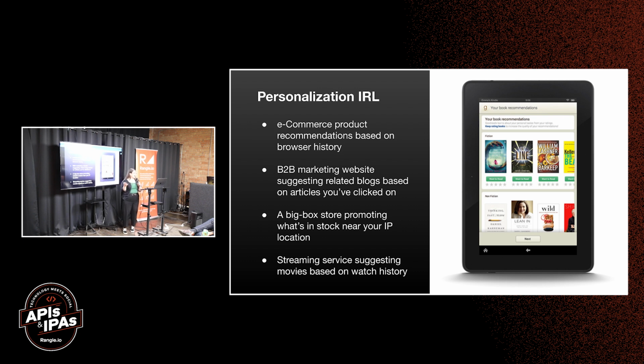A big box store, think Walmart, Target, Shoppers Drug Mart, promoting what's in stock near your IP location. It can tell where you are and gently prod you and tell you what you can get really close to you. And of course, streaming services, something like Netflix suggesting movies based on watch history. This is what that looks like for you right now, and it's getting more and more nuanced every day.